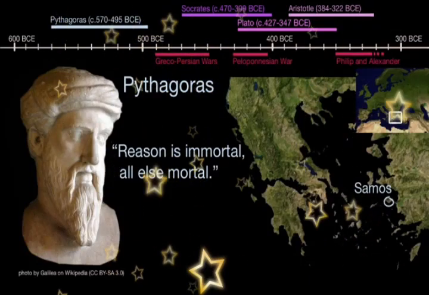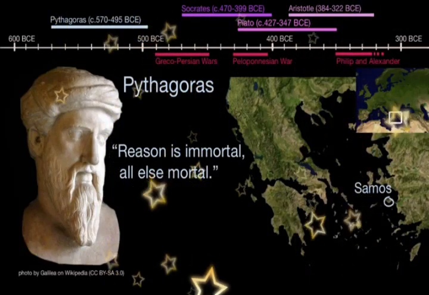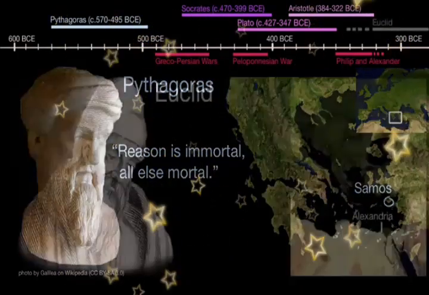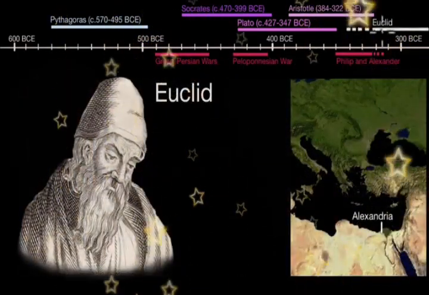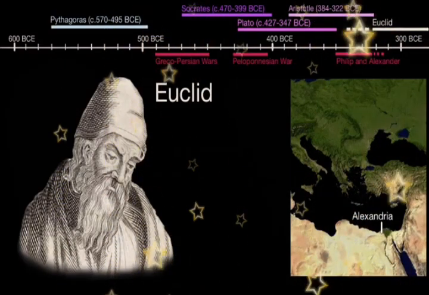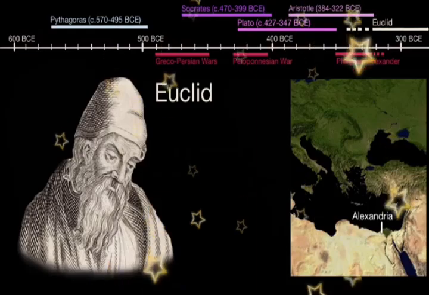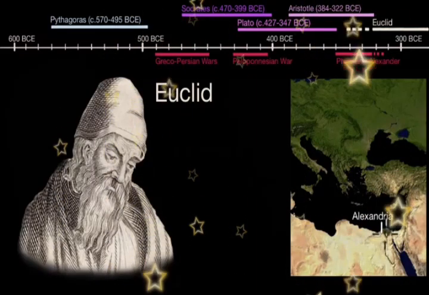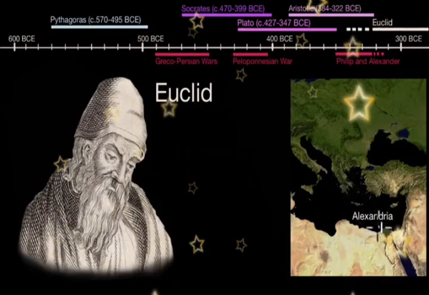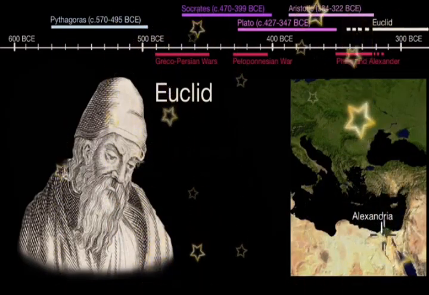But continuing on with significant mathematical contributions from ancient Greece, we have Euclid. We don't know all of the exact details of his birth and his death, but he is the father of modern geometry. And as you can see in this map here, he didn't live in what we call Greece proper today. He lived in Alexandria, a city established by Alexander the Great.